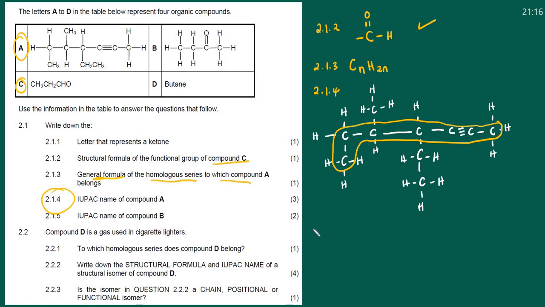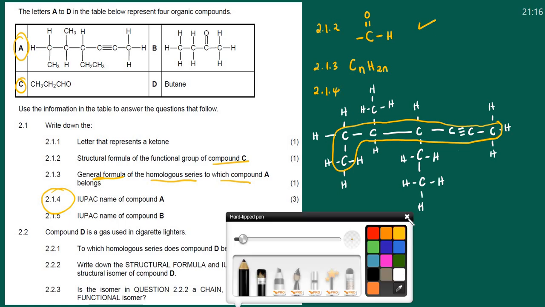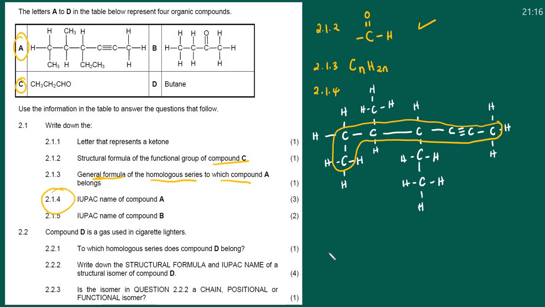Wait. Maybe let me give you this one, so that we can see. Let's say you have C, right? Then you have C, and then you have a double bond here, and then you have C, and then C, and then another C, right? Okay. Then you have CH3 here, and then CH3.